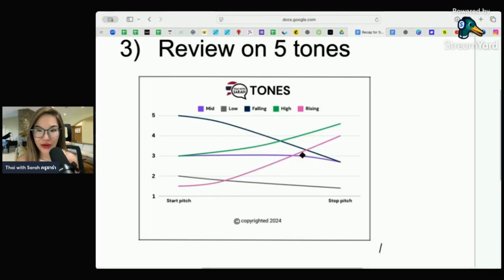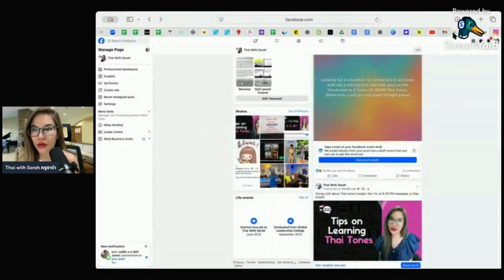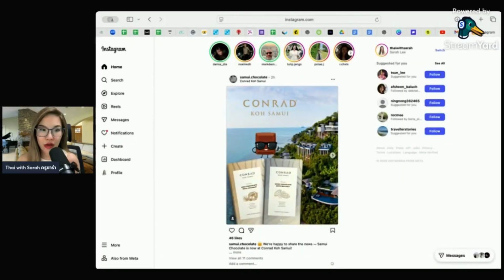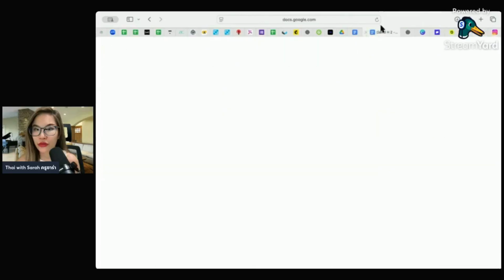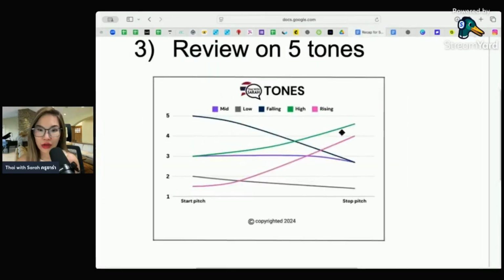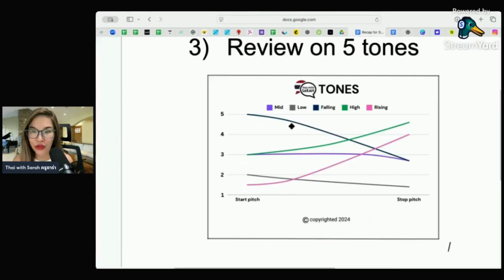Now, how are we going to do high then? The movement is pretty similar. The difference between high and rising, because they both have the upward movement right at the end here, is that rising actually goes up from 1.5 to 4 here.